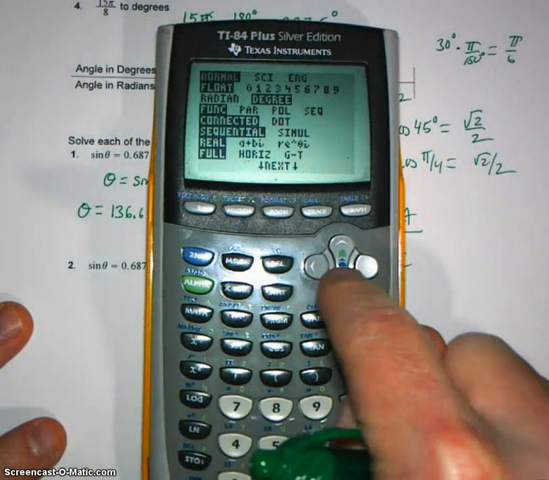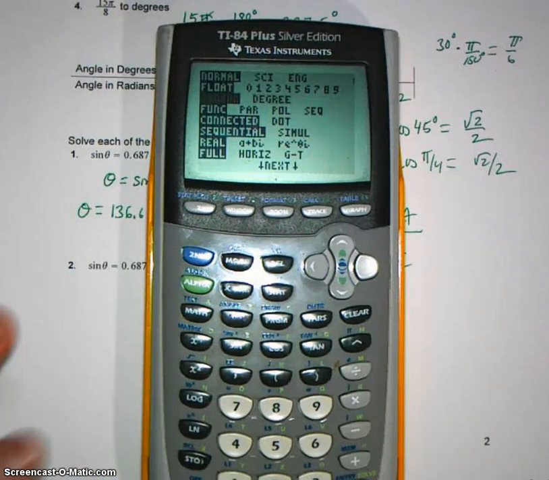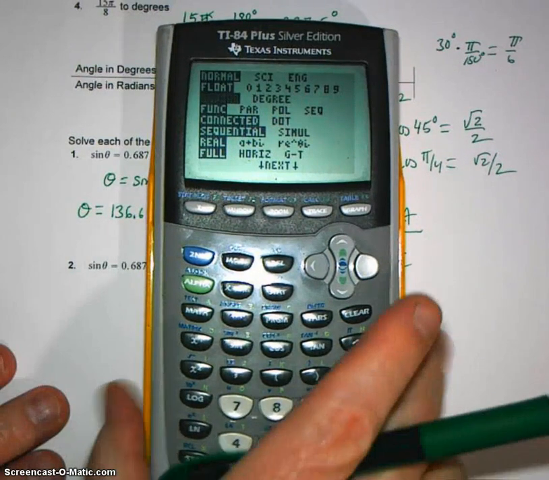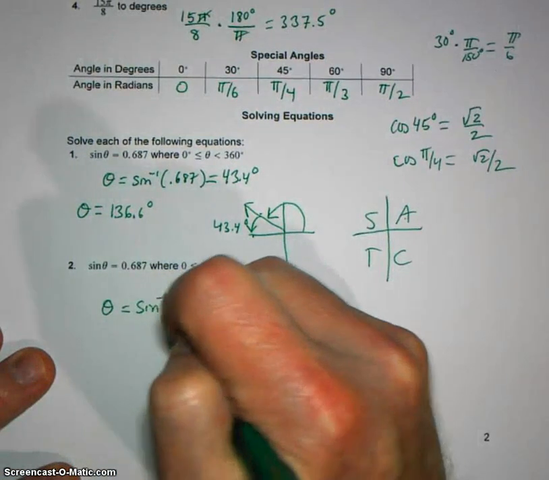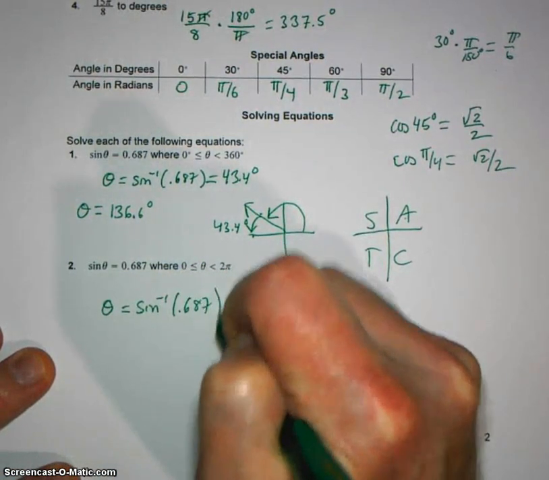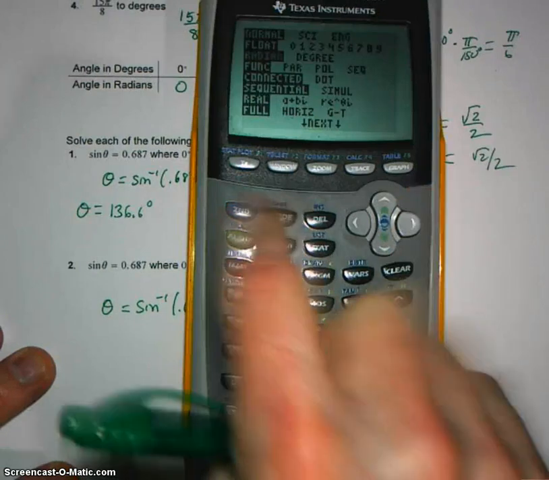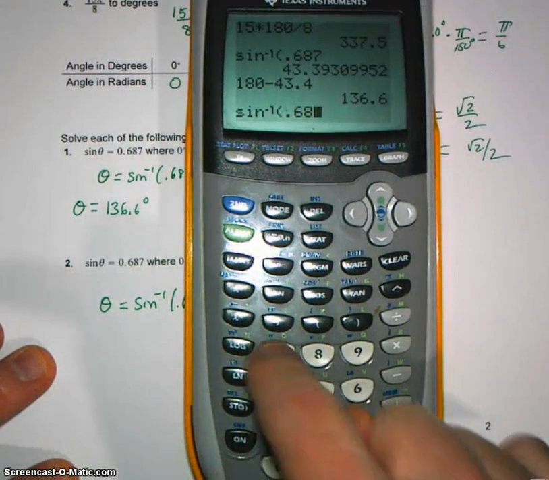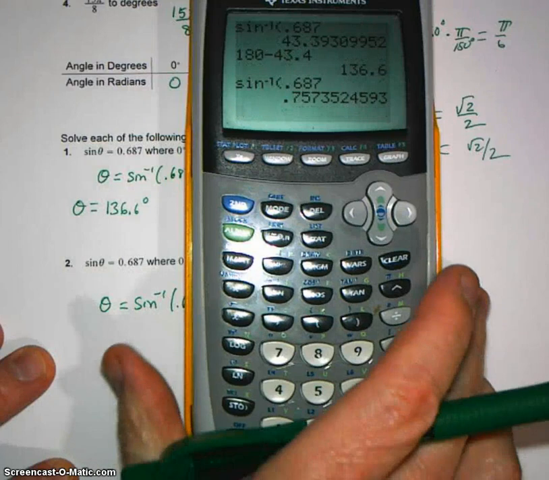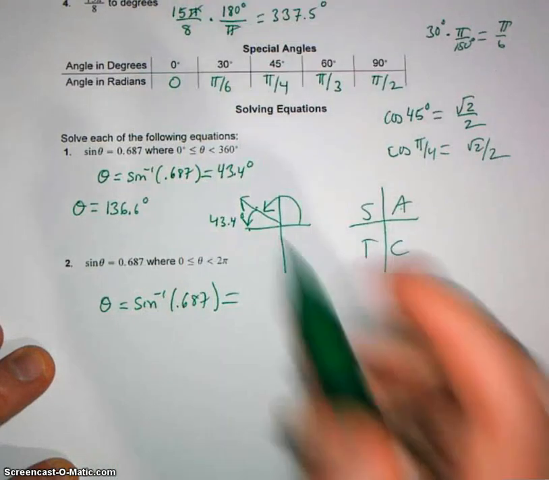We're going to change the mode to radians, because now we're working in radians. So theta is sine inverse of 0.687. I type that in just like I did before. Sine inverse of 0.687. I get 0.757 radians.